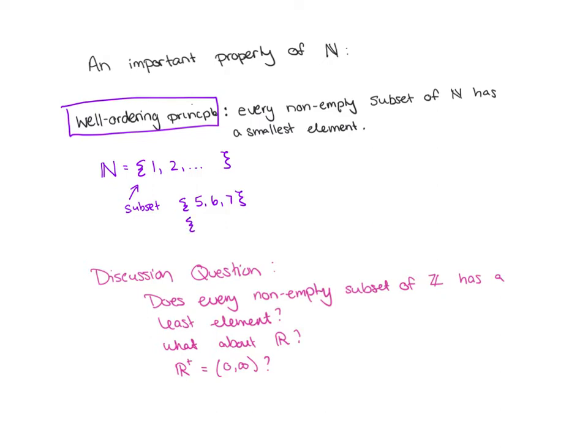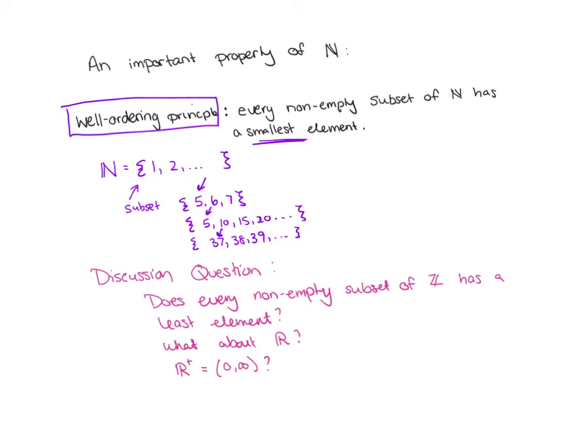I could take the subset that has all of the multiples of 5. So it can be an infinite subset. I can take the subset that starts at 37 and then keeps going up by 1. But all of these subsets of N, and any subset of N, always has some smallest element. That's what our well-ordering principle says.